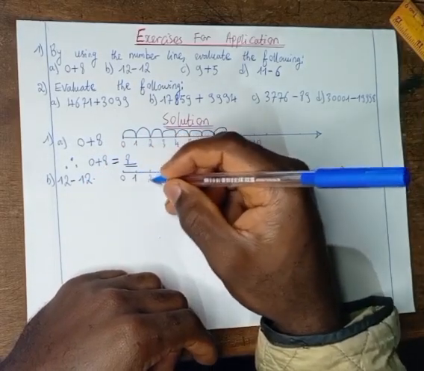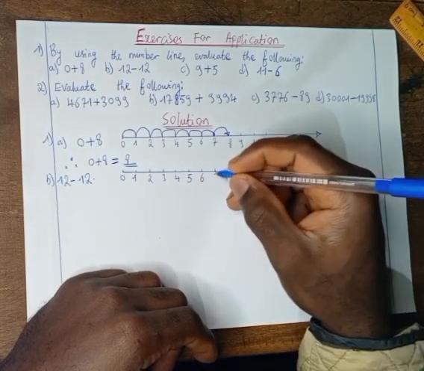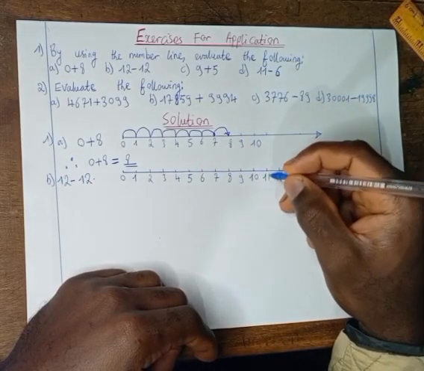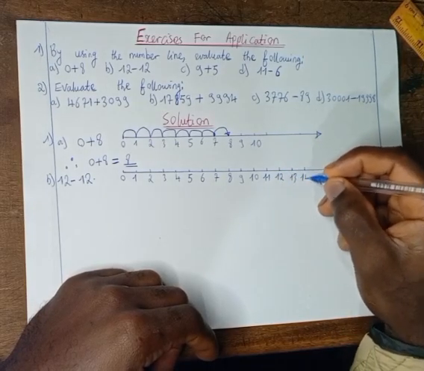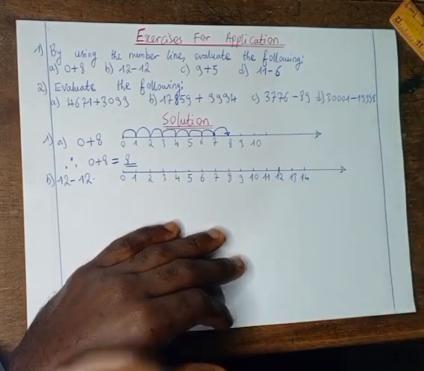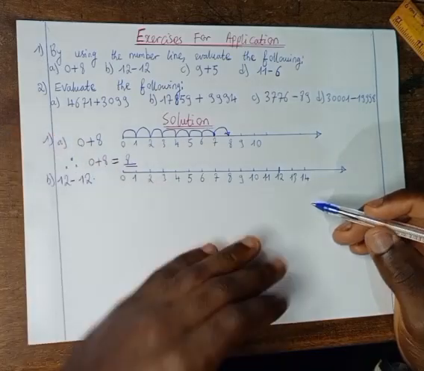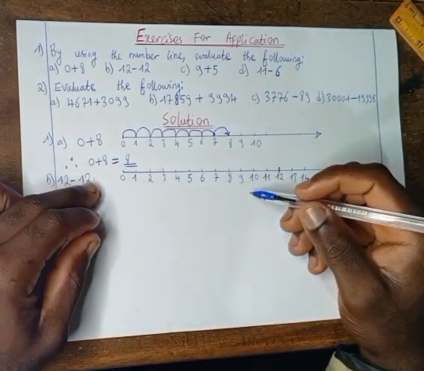0, 1, 2, 3, 4, 5, 6, 7, 8, 9, 10, 11, 12, 13, 14. So this is our first number, 12. After locating it, the operation sign is minus, so we are moving to the left of 12. How many units? 12 units to the left of 12, because the second number is 12.